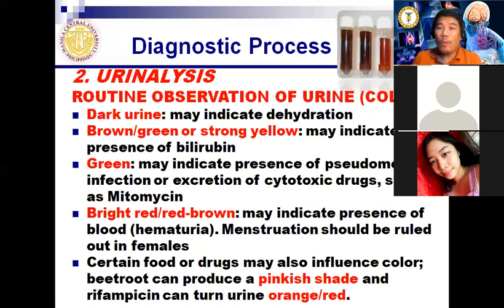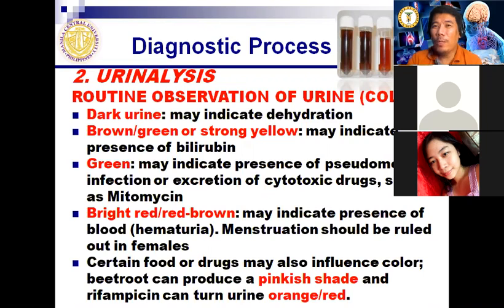Next, how about if the color is green? The green color may indicate the presence of Pseudomonas infection. Actually, Pseudomonas bacteria can be found in contaminated soil and water. And these are possibly the cause of pneumonia.